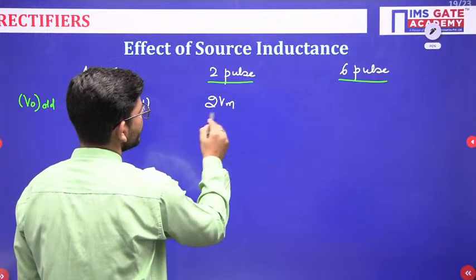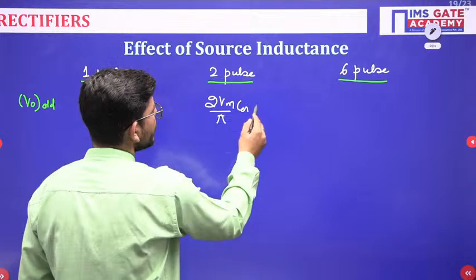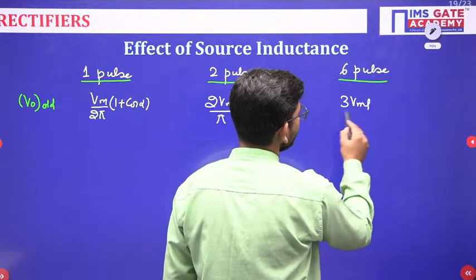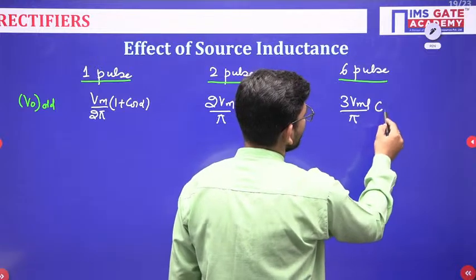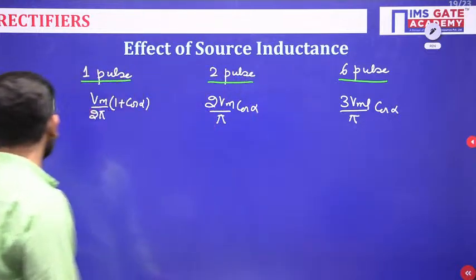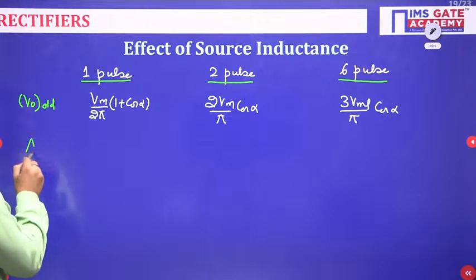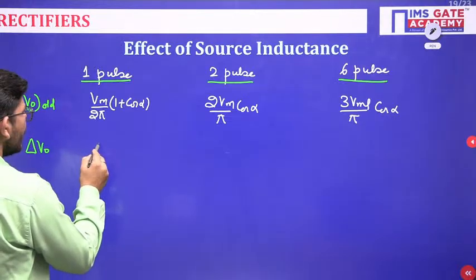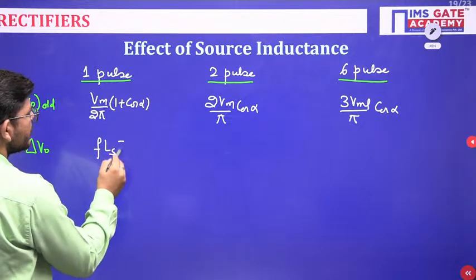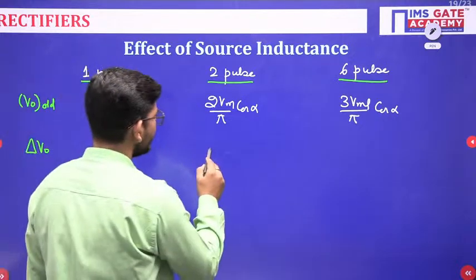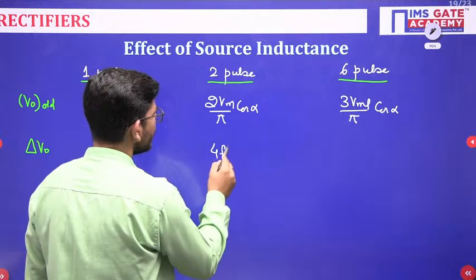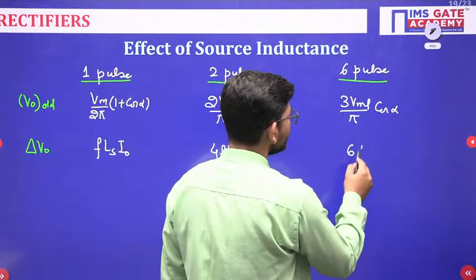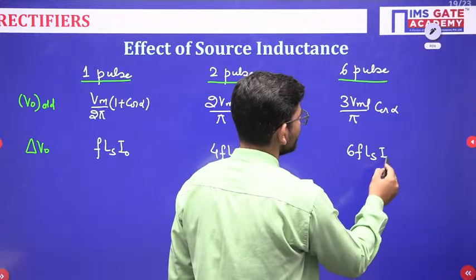We have already written that 2 Vm by pi cos alpha. What will be the formula here? Here we will be having 3 VmL upon pi cos alpha. Now what will be the reduction? So reduction here will be f ls I naught. Reduction here will be 4 f ls I naught. The reduction here will be 6 f ls I naught.